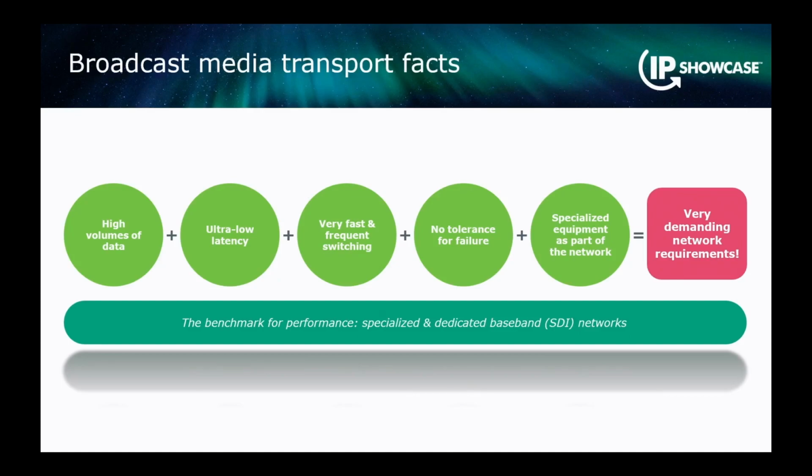We don't want long latencies in the workflows that we are used to. It needs to be very short. We need to be able to switch between signals, switch the setup very fast and very frequently, every time we go to a new type of production or we need to do live production. We cannot tolerate failure. There has to be redundancy in here, and the always-up notion is brought in, so we have to think redundancy here.